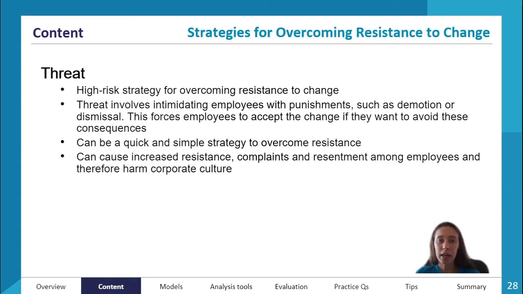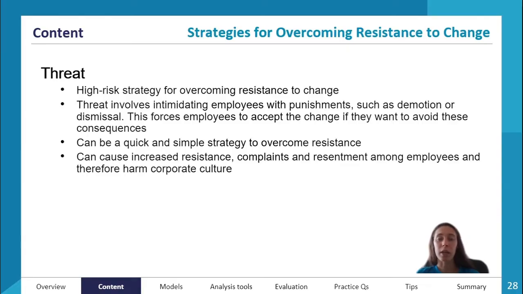And our second and last high risk strategy for overcoming resistance is threat. Now, manipulation you can think of as being more subtle. Not everyone perhaps will recognize when they're being manipulated. When it comes to threat, it's probably more obvious, and it's going to involve intimidating employees with some kind of punishment if they don't come on board with the change.